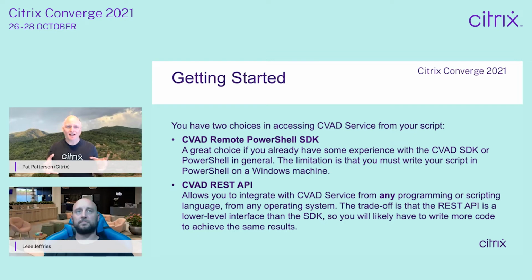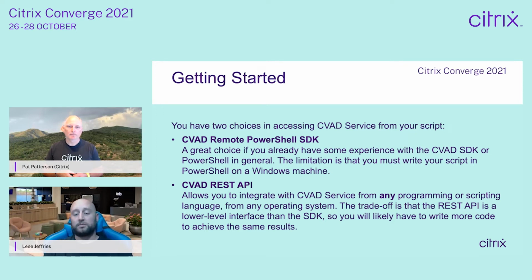Now, Lee, the CVAD Remote PowerShell SDK, that's a great choice if you already have some experience with CVAD or PowerShell, right? That's been around for a while. I'd recommend for anybody, there's lots of guides for that, and I'd recommend for anybody to start with that. So if you are just beginning and you want to enter this, stick with the PowerShell SDK, because it really is the easiest to get to grips with, to authenticate, and then actually just start running commands.